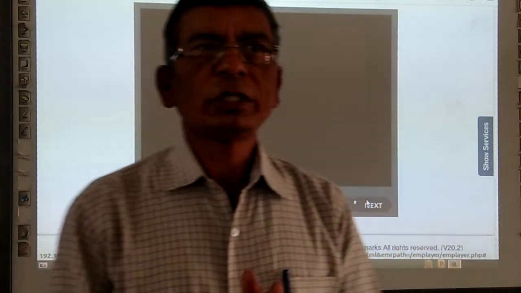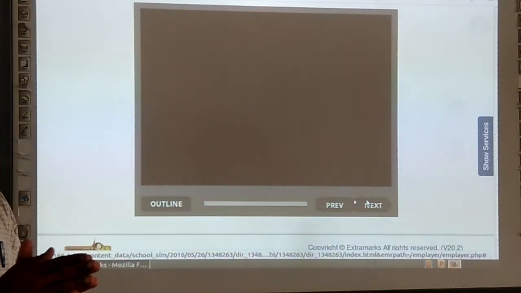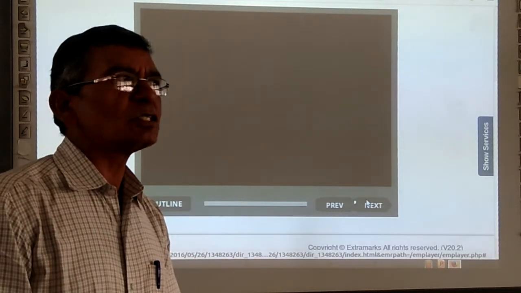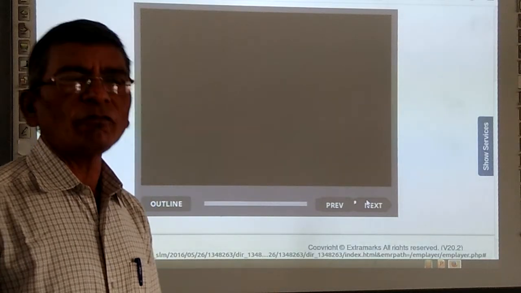So, children, here the crust itself, that is, the topmost layer, the lithosphere, consists of various layers. The crust consists of 3 types of rocks.